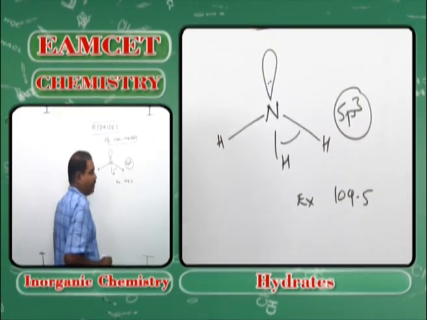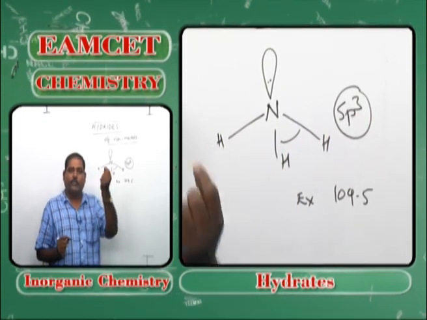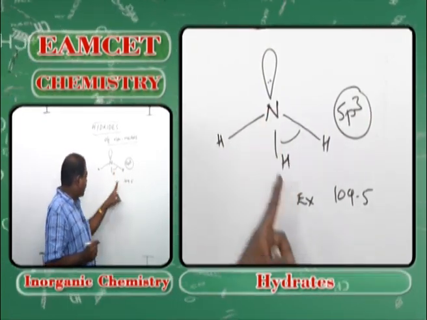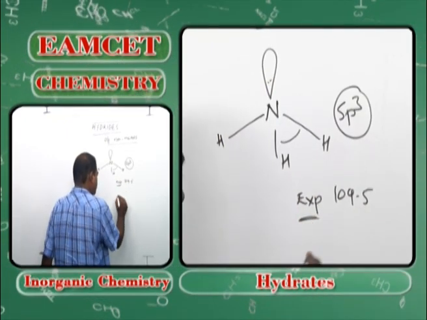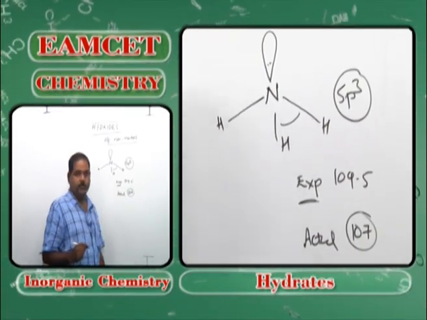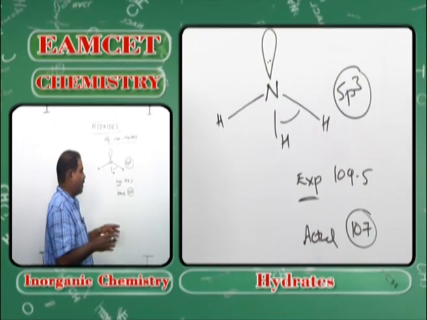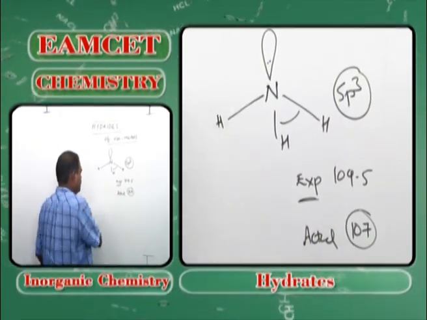Because it is sp3, everybody expects a tetrahedral angle, 109.5. But the actual bond angle is 107. Why? Because of lone pair bond pair repulsion, hydrogens come a little closer, therefore the bond angle has decreased.